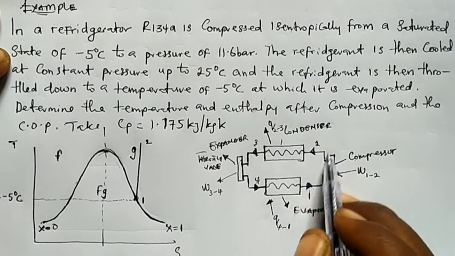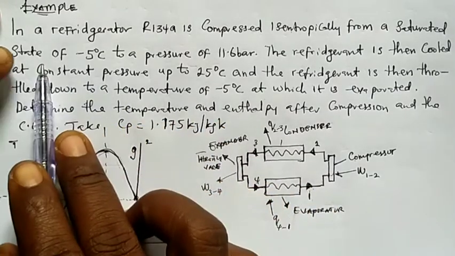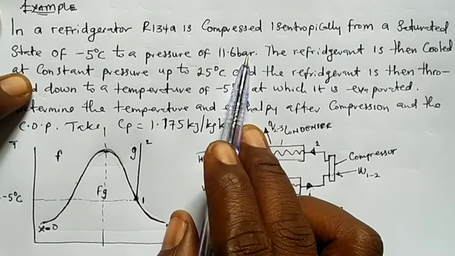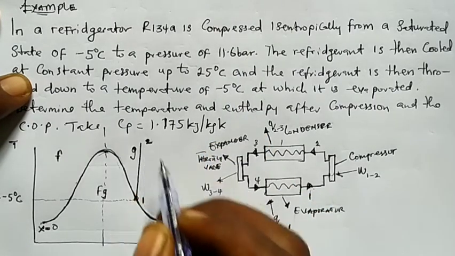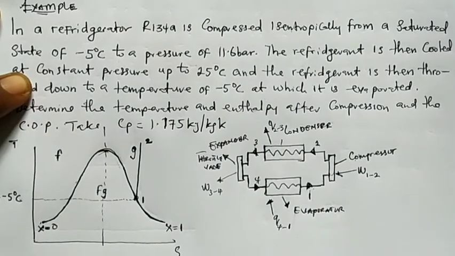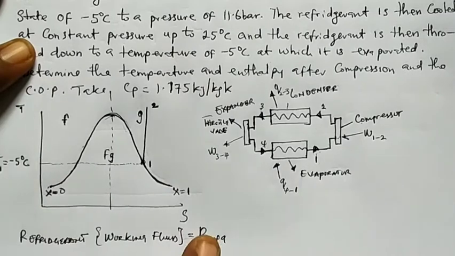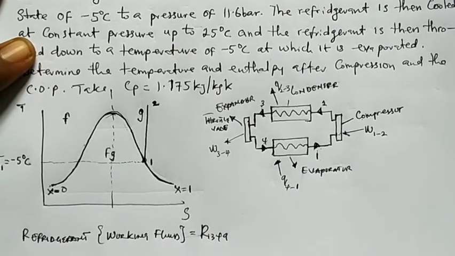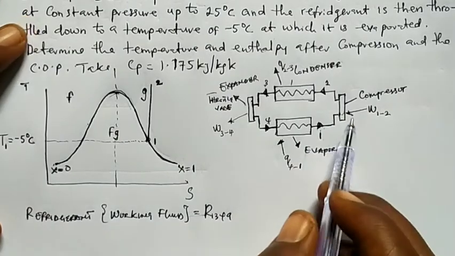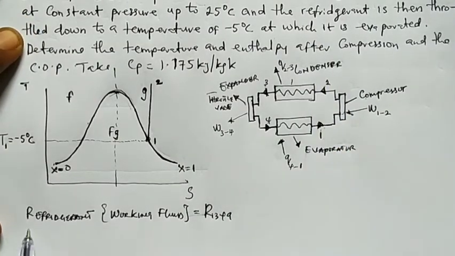That means it will be what? Superheated. Because the question makes us understand that to a pressure of 11.6 bar. Now this state 2, from here, if we want to convert our pressure into temperature, because this is a TS diagram here. Now our pressure, we'll put it this way, that it is P2, because when you have compressed it, it will move to state 2. So we're talking about pressure 2.